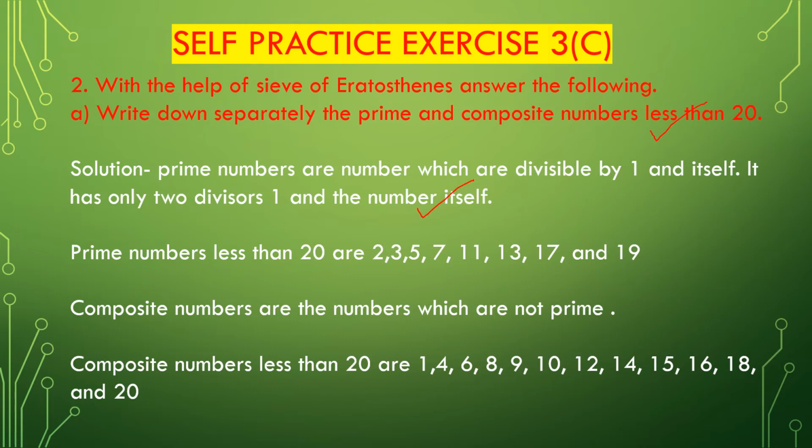The prime numbers less than 20 are 2, 3, 5, 7, 11, 13, 17 and 19. And composite numbers are the numbers which are not prime.